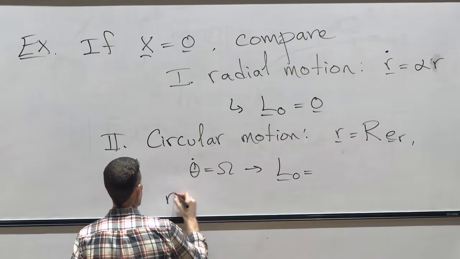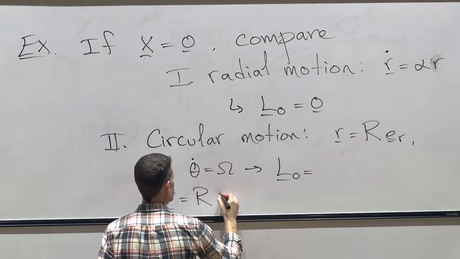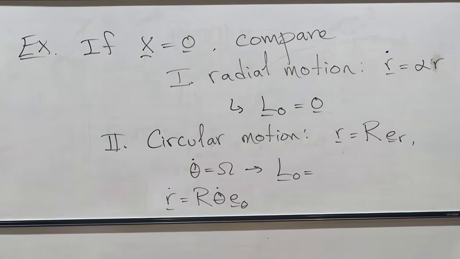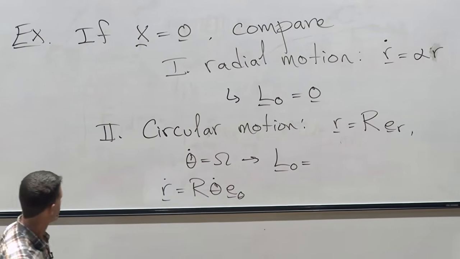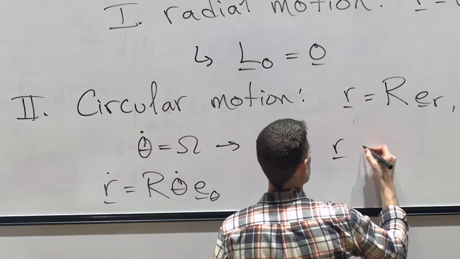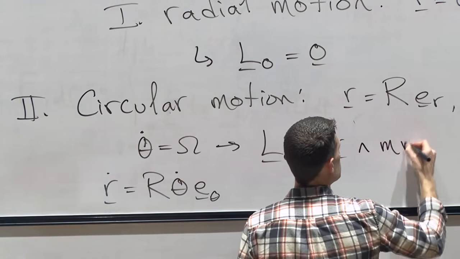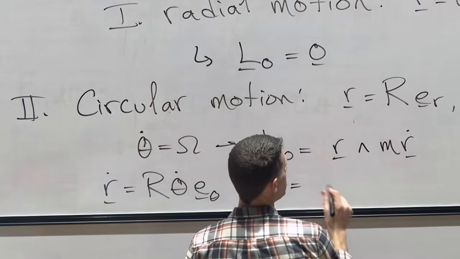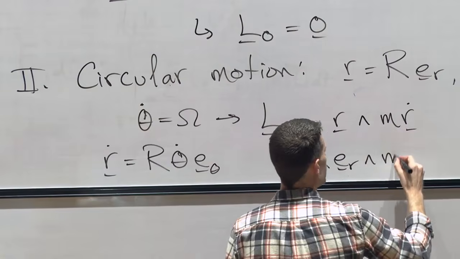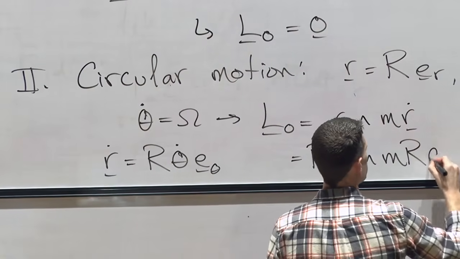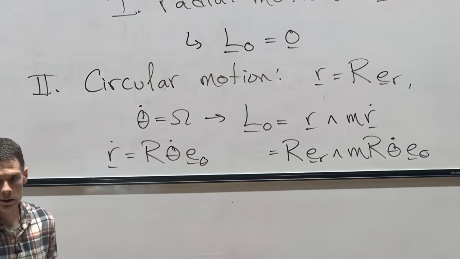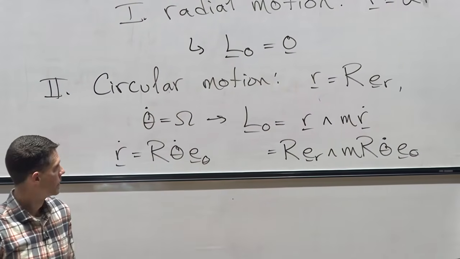So as we said, r dot is r theta dot e_theta, which means that L0 is r cross m r dot, which gives R e_r cross m r theta dot e_theta.